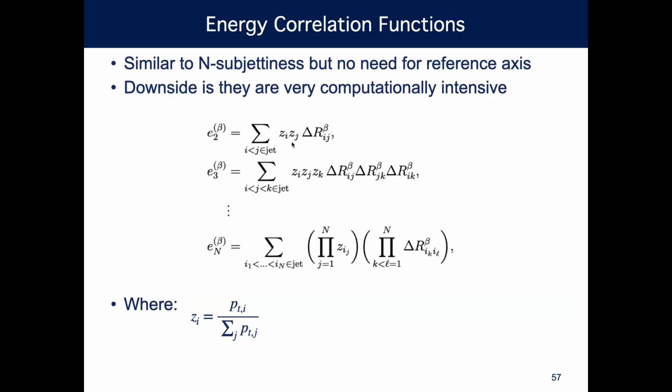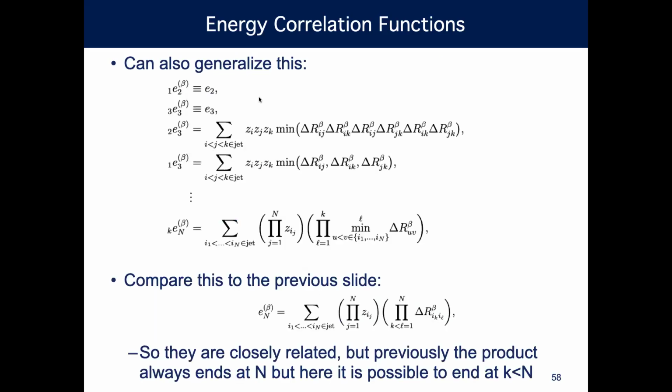So again, it's a similar kind of quantity where you're just weighting the energy that's inside of the jet by their momentum fraction and their angle, to see how that works. And you could also generalize this. There's all sorts of ways to go about this with different beta values, and so you can do this to your heart's content with increasing amounts of complexity.